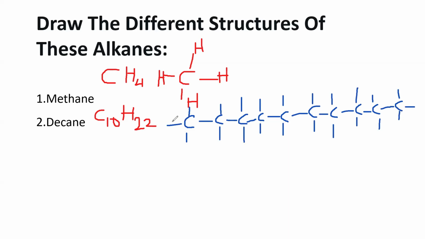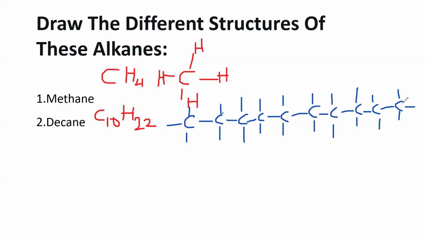Now add 1 hydrogen to each bond. It will be CH3, CH2, CH2, CH2, CH2, CH2, CH2, CH2, CH2. So we have CH2 8 times, CH3.